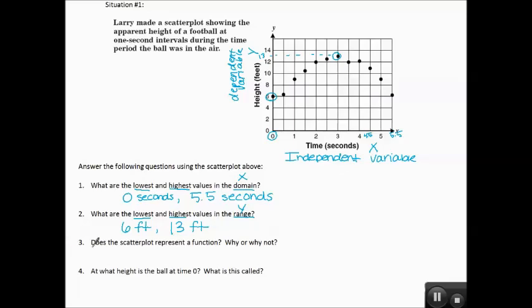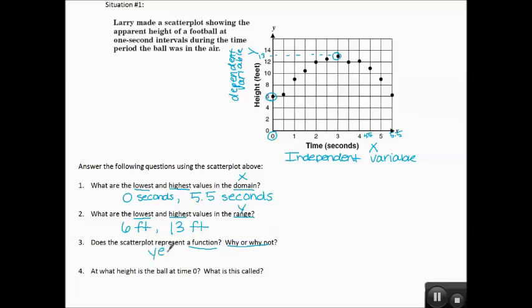Let's look at number 3. Does the scatter plot represent a function? Why or why not? If we remember how to test if a graph is a function, we do our vertical line test. If I were to draw a vertical line through any points on this graph, I only hit one point. So is it a function?